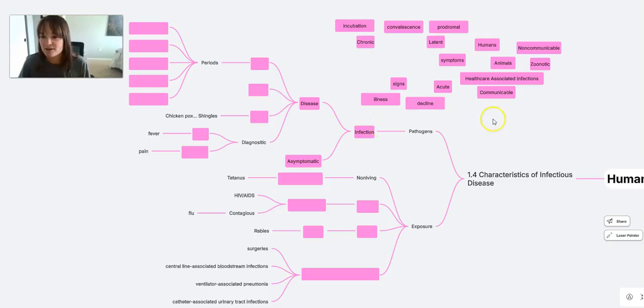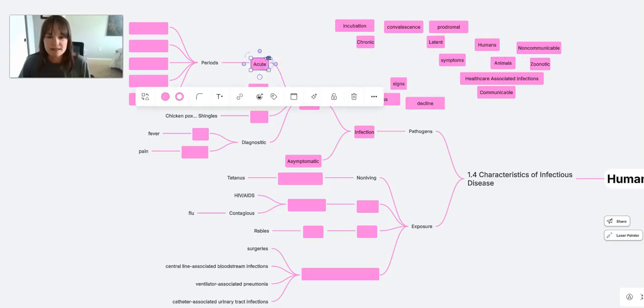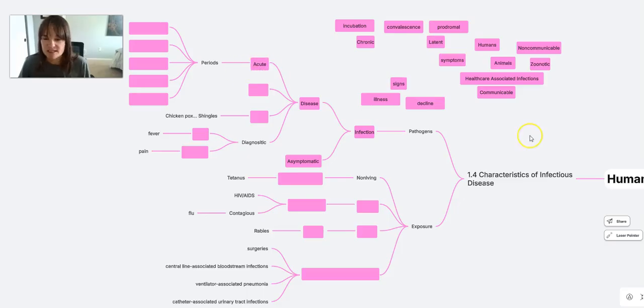We have acute period, or acute presentation of the disease. We have chronic presentation of a disease. And then we have latent presentation of an infectious disease. So those were 3 that we were introduced to and the characteristic of infectious disease activity.